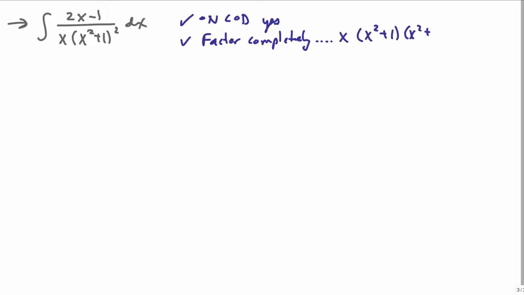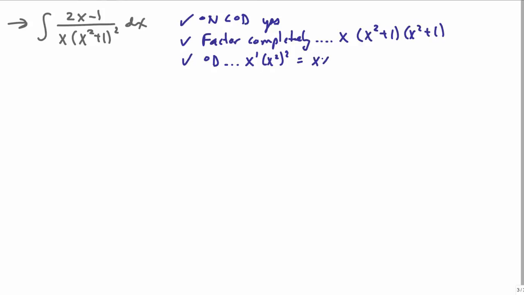And if I look at this in terms of factoring completely, I'm going to have x squared plus 1 times x squared plus 1. So I'm just kind of writing out the factors here. So let's go ahead and look at the highest power in the denominator. So let's look at the degree in the denominator. Now this would be x to the first, and then this x squared would be squared. And I'm not worrying about any of these other constants, I'm just looking at the highest powers here.